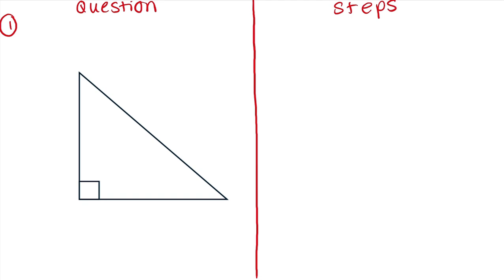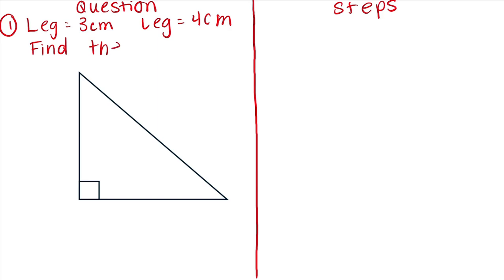What the question told me was that one leg is 3 centimeters, another leg is 4 centimeters, and they want me to find the hypotenuse. First, I need to label my triangle.